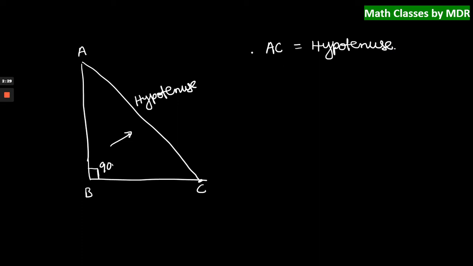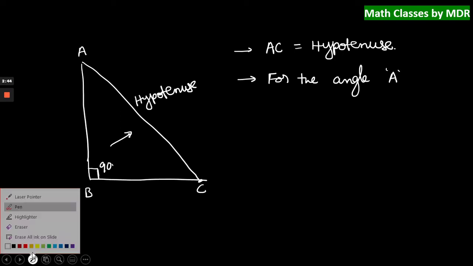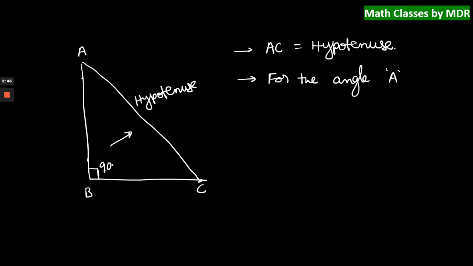Now I would like to introduce the adjacent sides and opposite sides. If you consider the angle A, what are the opposite side and adjacent side? For the angle A, AC is anyway the hypotenuse, so we only talk about the other two sides, AB and BC. Which one will be the opposite side here?